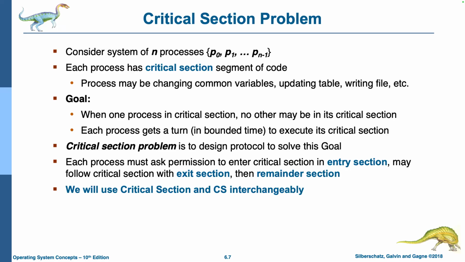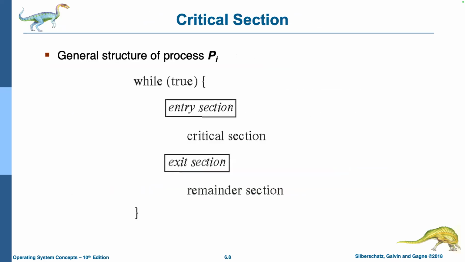This critical section solves the problem of data racing. Only one process can enter this. So each process must ask permission to enter the section, the entry section, then the critical section, then exit section, and then the remainder section. We will use the critical section to discuss this.